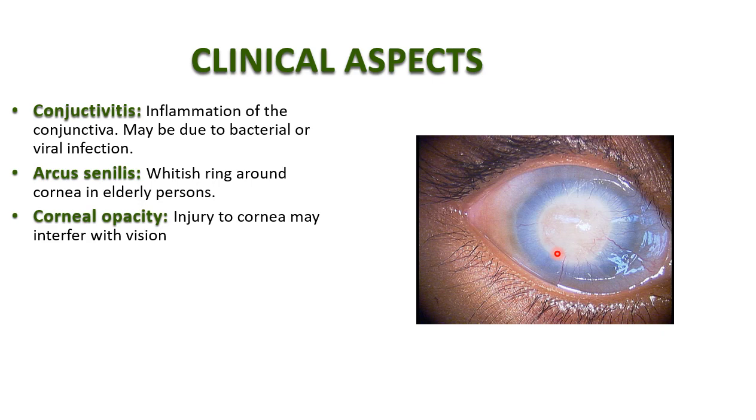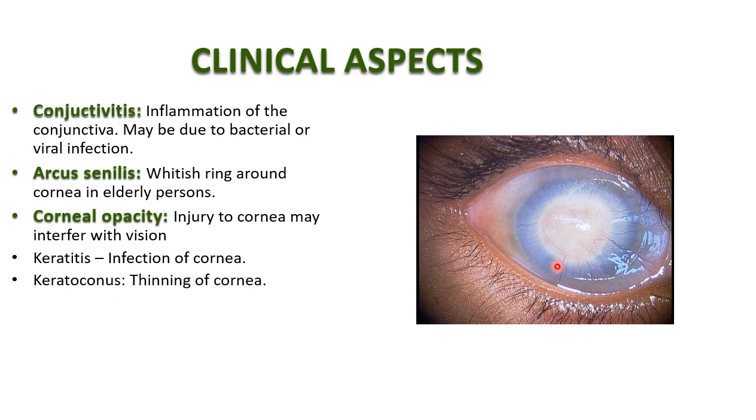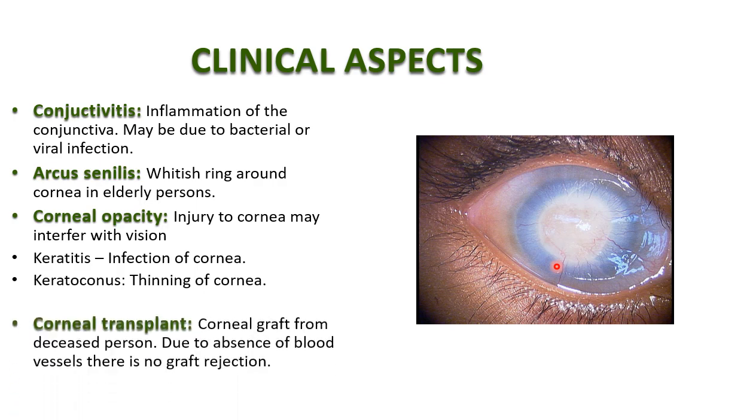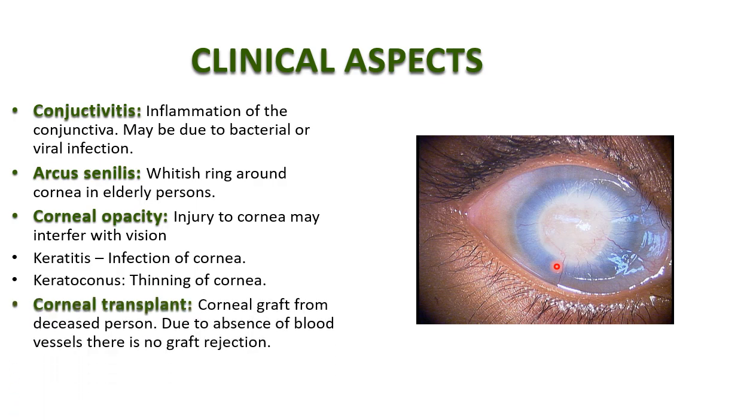One common drug is hydroxychloroquine, HCQS, which became famous a few days back. If used for a prolonged period of time, it might accumulate and lead to corneal opacity. Infection of the cornea is called keratitis, and thinning of the cornea is called keratoconus.